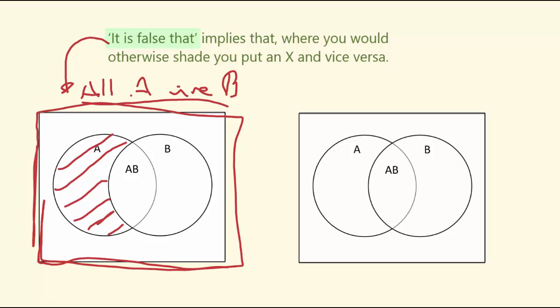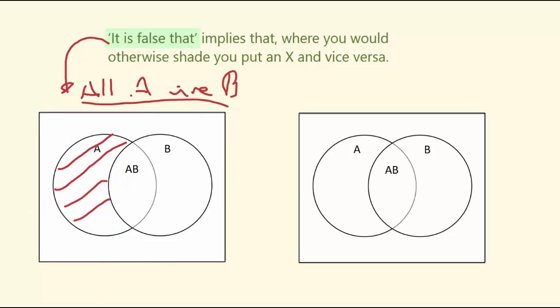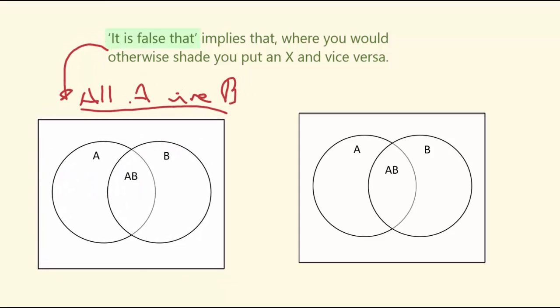If it's false that all A are B, what makes that false is that there exists one thing that's an A that's not a B. So instead of shading in this area, area 2, we should put an X. We would normally shade out that area, but since we put "it is false that" in front of the categorical proposition "all A are B," we put an X.